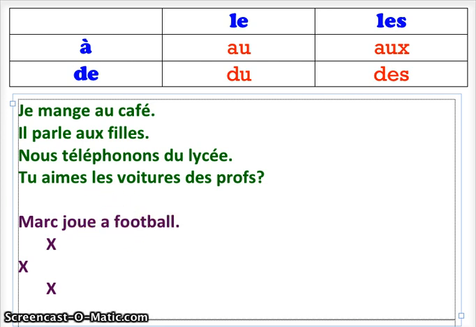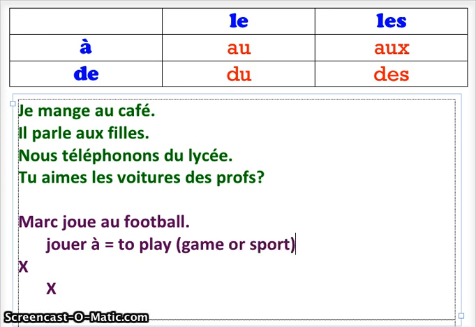So I would have to say Marc joue au football. So that is jouer à, to play a game or sport.